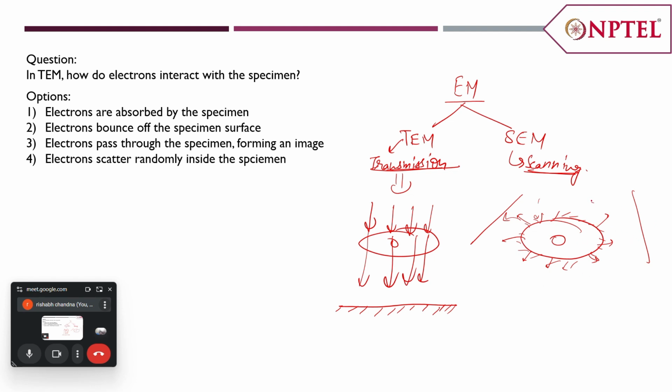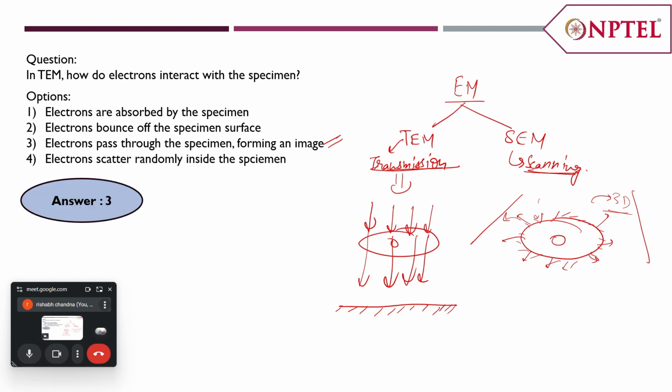So it basically gives a 3D image of the sample. So in case of TEM, the electrons pass through the sample and in case of SEM, it forms a shadow by electrons being emitted from the sample. So the correct answer is option number 3. Electrons pass through the specimen forming an image.